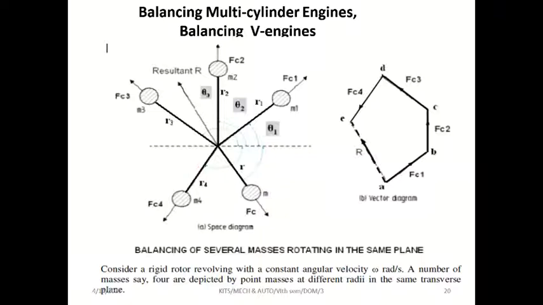So in two ways we can solve this problem: analytically and geometrically. If you are going to solve it by the geometrical method, first you have to draw the space diagram, and this is the force polygon diagram.